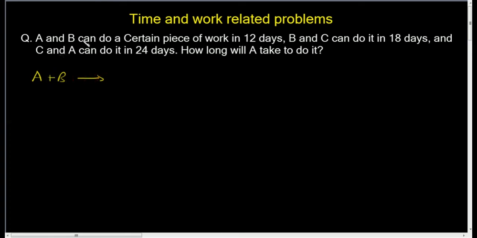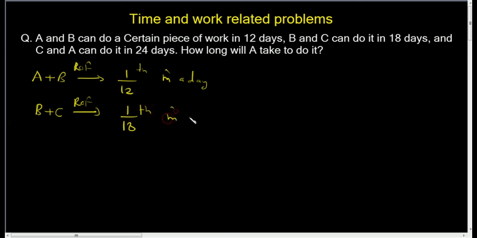A and B are doing this work together in 12 days, so that means applying ROF, A plus B finishes 1 by 12th of total work in a day, correct? B plus C, similarly applying ROF, finishes 1 by 18th in a day.